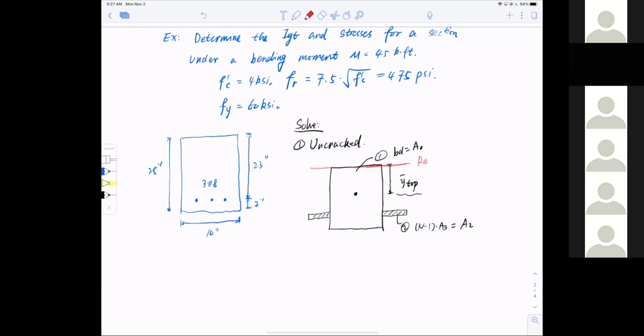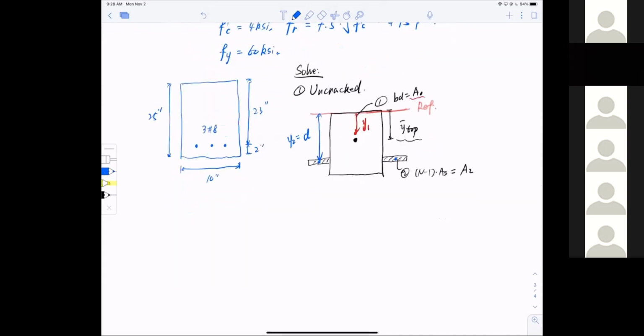Now I have the distance from the centroid of the section, the black dot, to this reference line, called y-bar top. The center of the first piece A1 is at mid-height, and this is called Y1. For the little wings, the distance right here is called d or Y2. So this is the geometry I have.